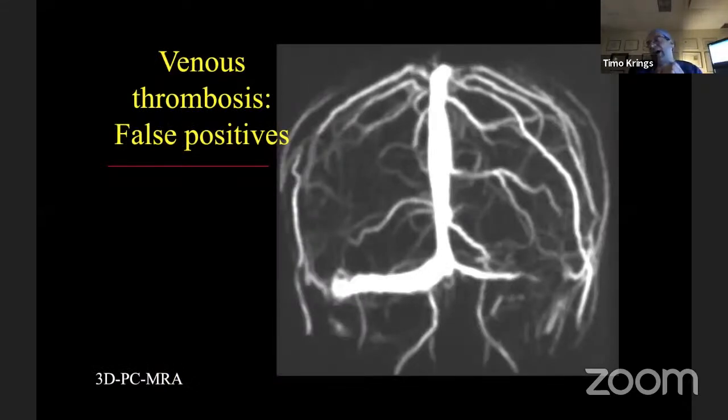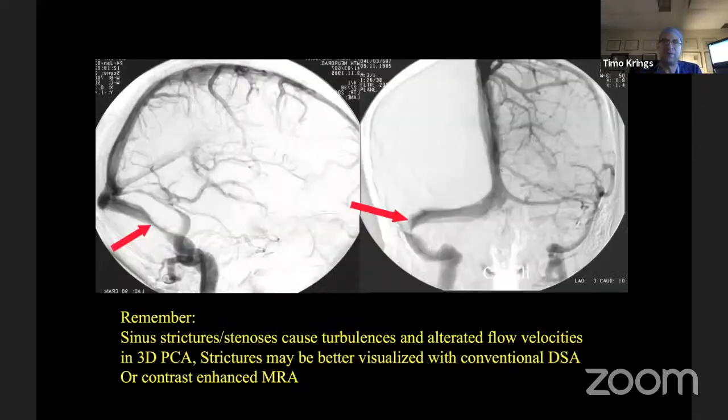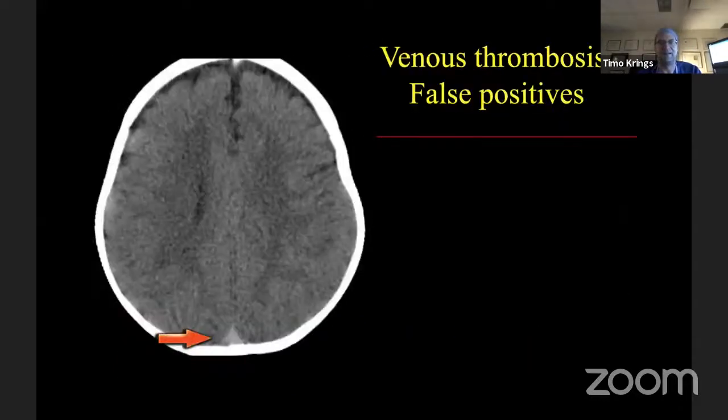And if there is a high velocity gradient, then you may not be able to visualize the flow because it's outside of the phase encoding that you are putting onto this MR venography. And this is often present in patients who have high degree stenosis, as in this case here.